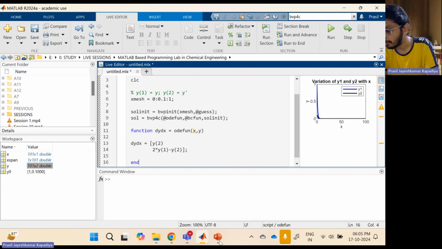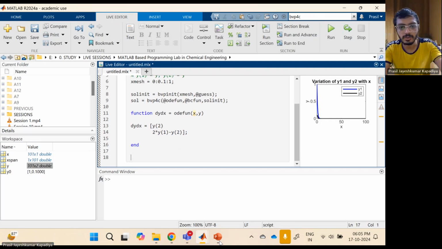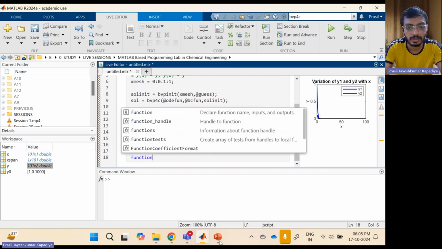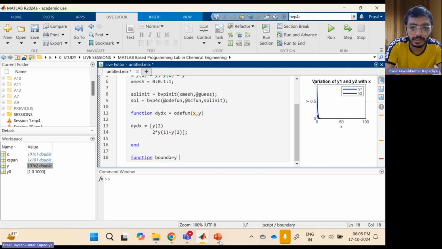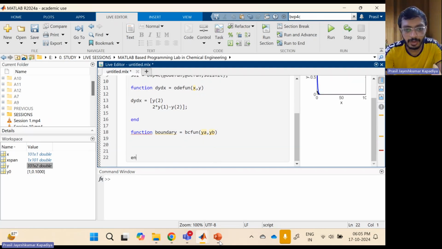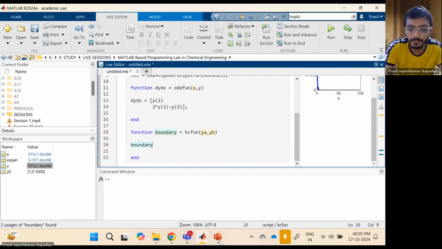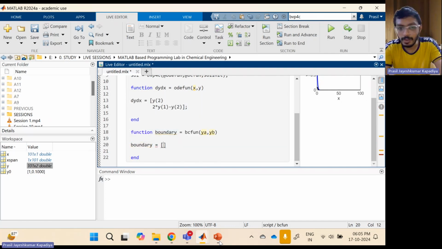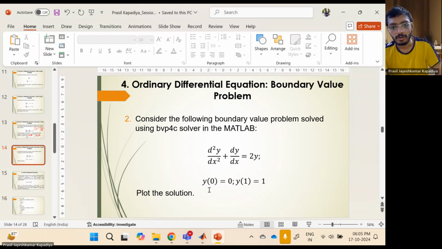Now I need to write down the boundary function. So let's say function boundary is equal to BC fun of two boundary conditions ya comma yb. Okay, I will have one end. So my boundary is equal to, okay. So what is my first boundary condition? y of 0 minus 0.